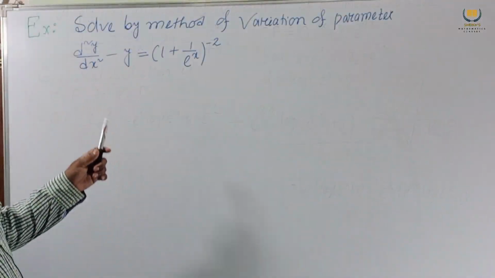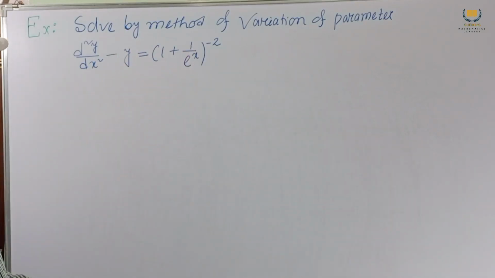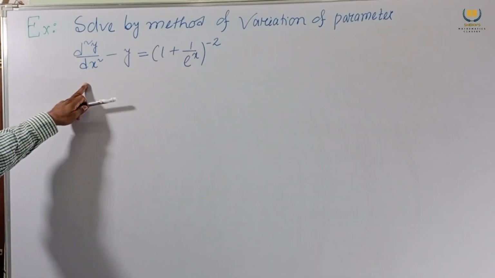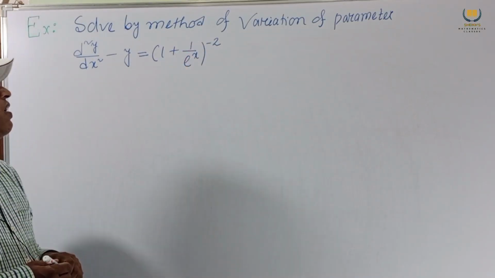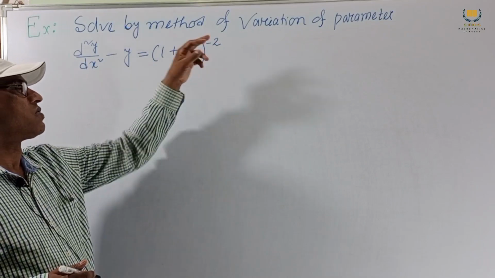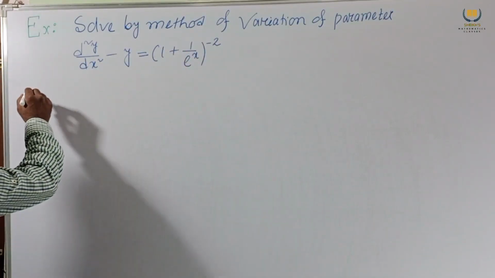Here is another problem solved by the method of variation of parameters: d square y by dx square minus y equals 1 plus e to the power x, 1 plus 1 by e to the power x whole to the power minus 2. This one you have to solve.